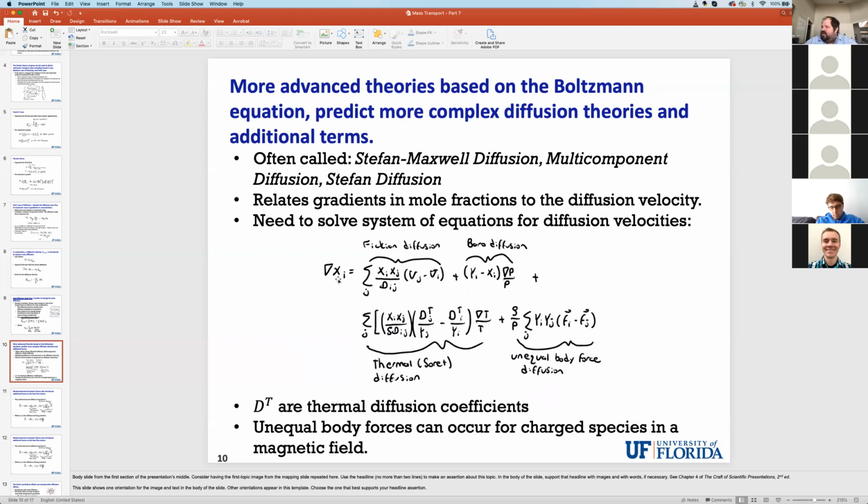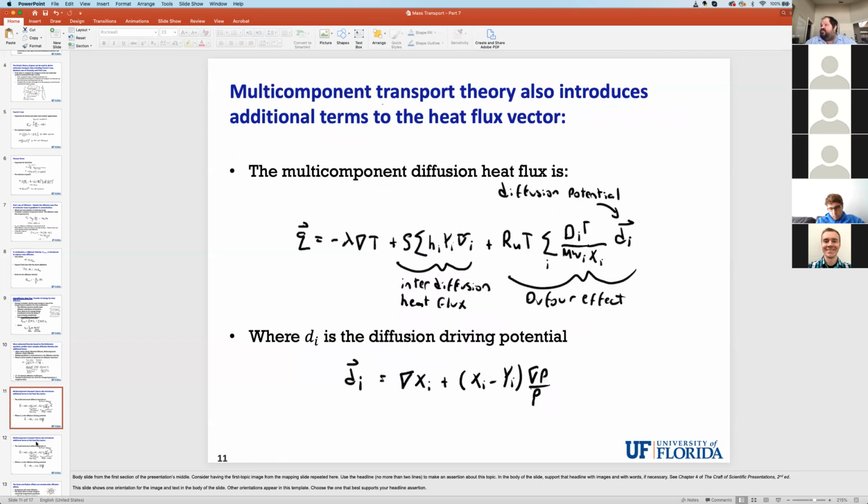Because at any point in space you would know the mole fraction gradient, the pressure gradient, the temperature gradient, etc. And so you could compute all of the terms except for the v's, but all the v's are related to one another. So you would in turn need to solve a system of linear equations, and so it gets fairly complicated, but it's very accurate theory.